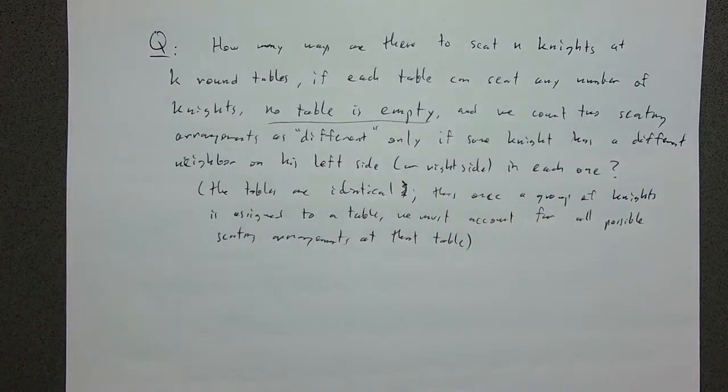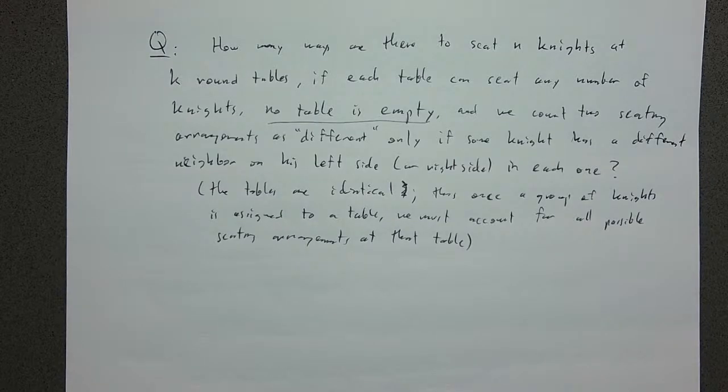Right? Well, that's a question we actually have dealt with before, of course. That is the first question that we investigated when it came to counting with symmetry, which is King Arthur seating knights around a single round table.